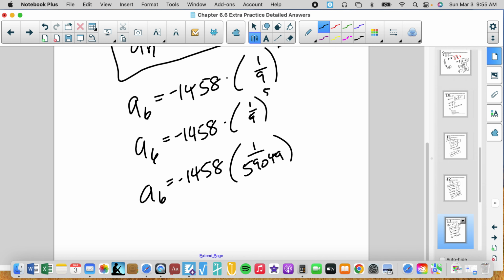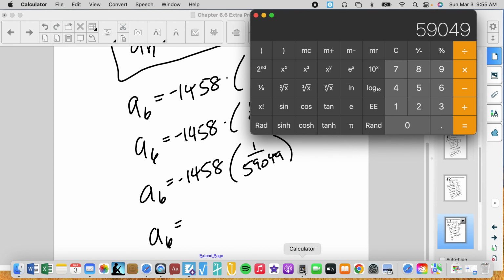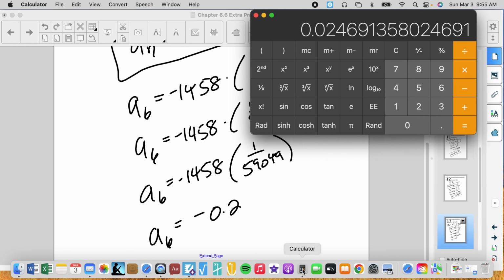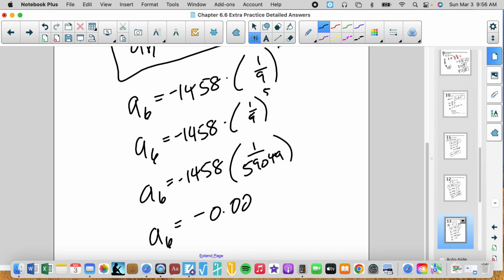I just distributed out that 5, and we get a to the 6 equals 1,458 divided by 59049, which will be a repeating decimal. 0.024694691358, and then it should repeat, 02469.